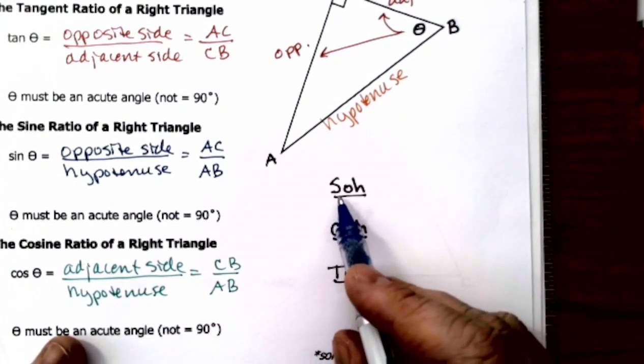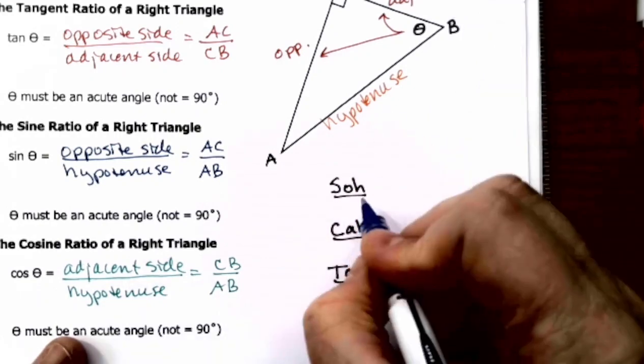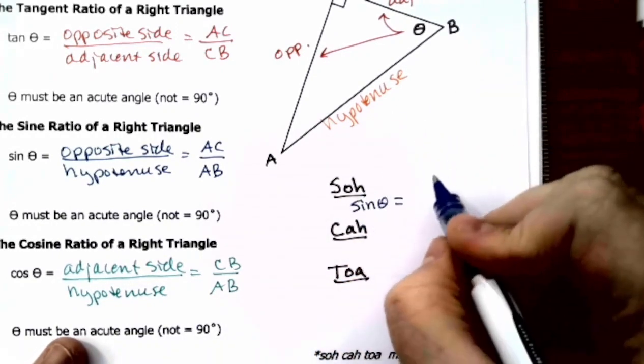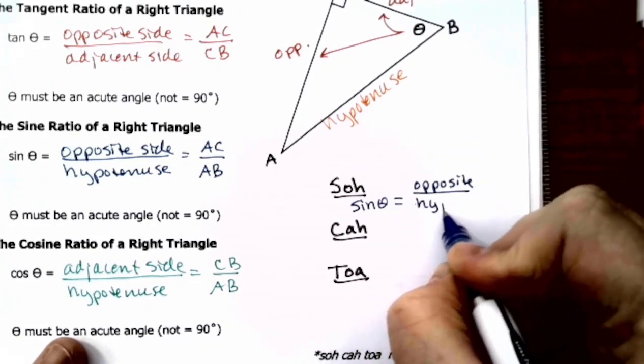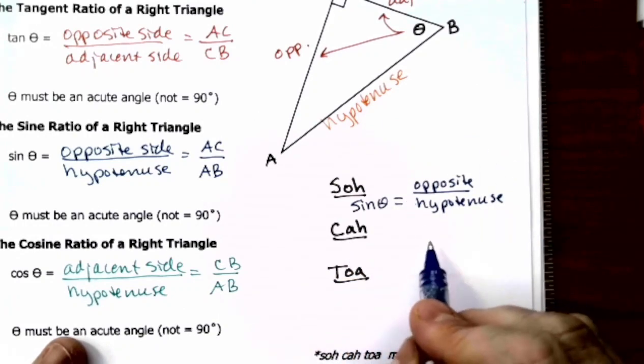The first letter tells you the trig function. The second two tell you the ratio. So for SOH, S stands for sine of theta. And then OH means opposite side over hypotenuse. So SOH, sine equals opposite over hypotenuse.